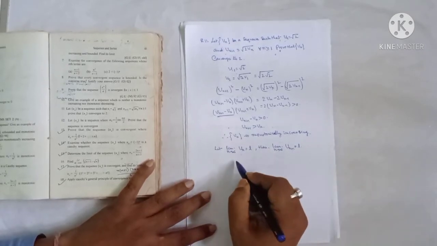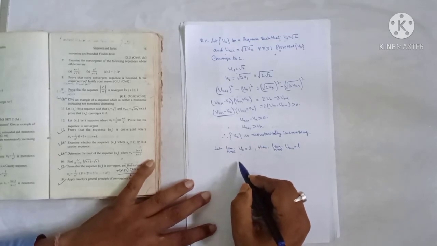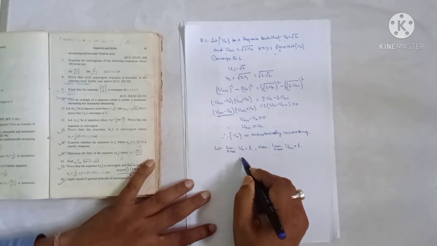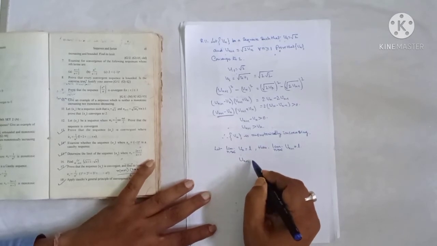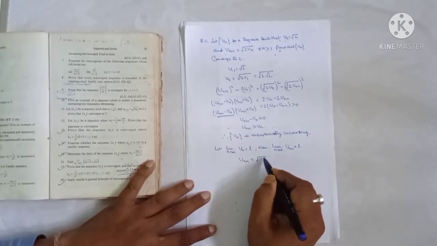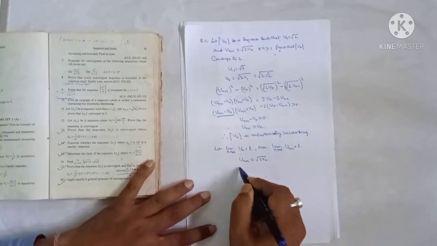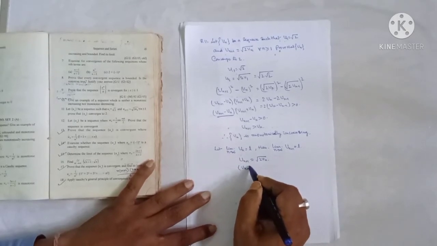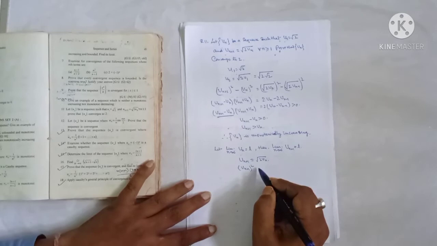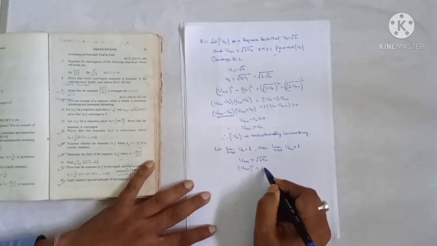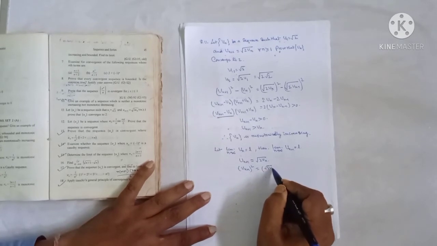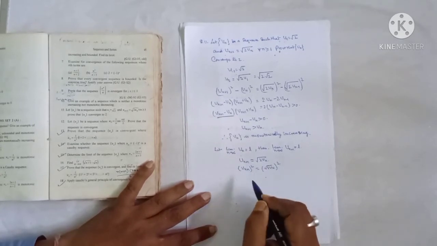So here u(n+1) is equal to root 2 un. So u(n+1) the whole square is equal to root 2 un the whole square.